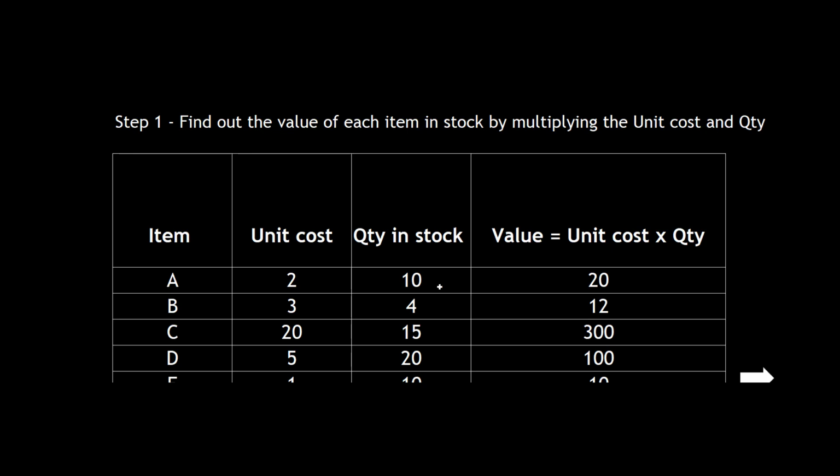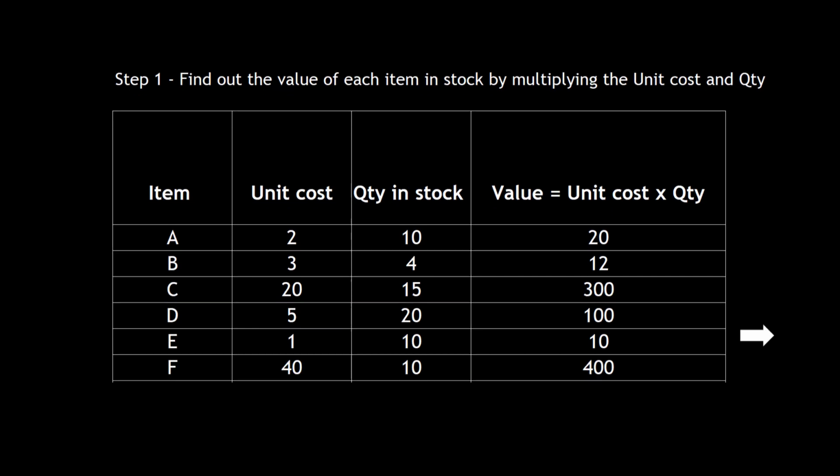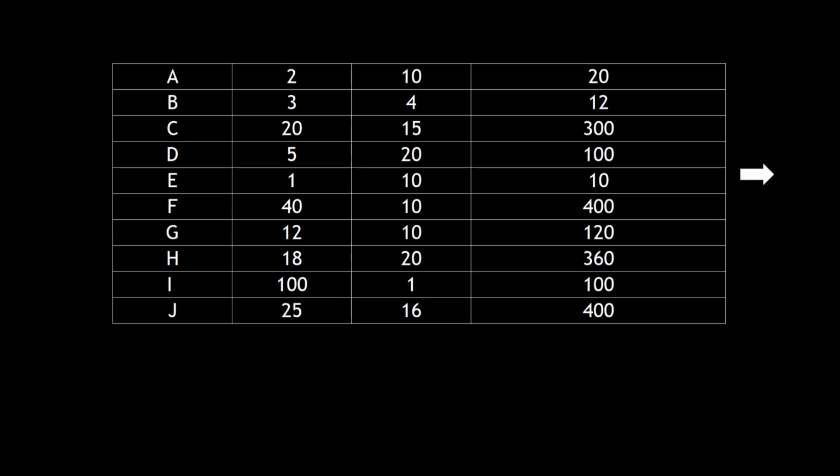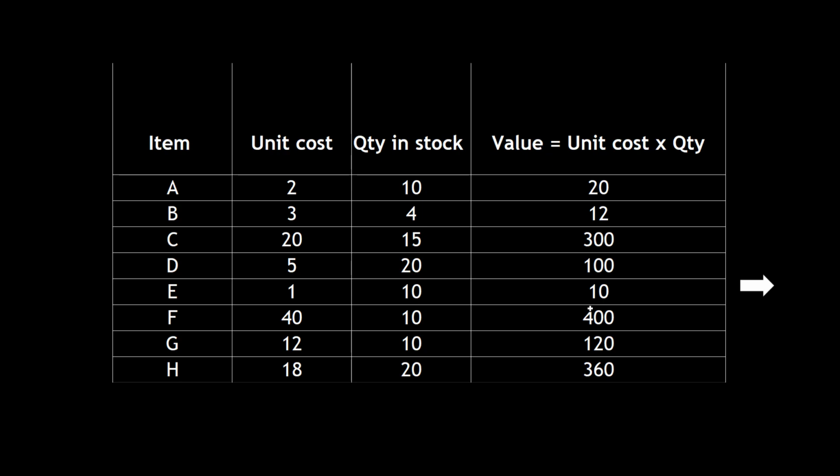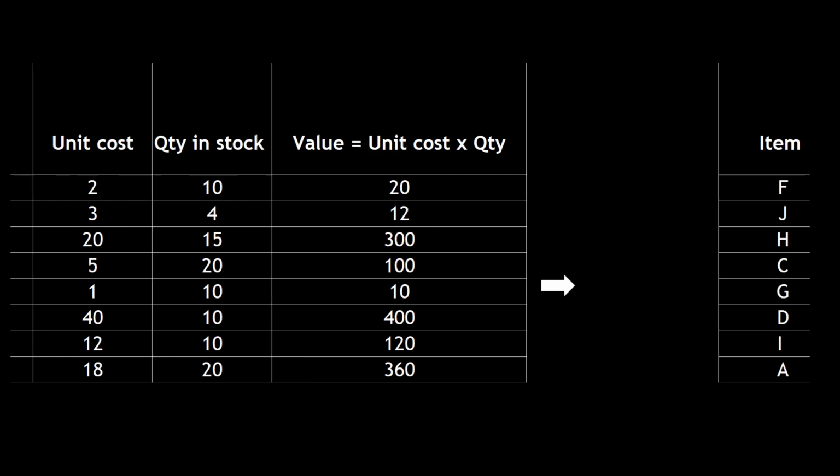So for item A, the total value is 2 into 10, 20. For item B, it is 3 into 4, 12. It can be in dollars or rupees, whatever the unit of cost is. This is the first step, and we do the calculation for each item, and we arrive at the value of the individual items held in stock.